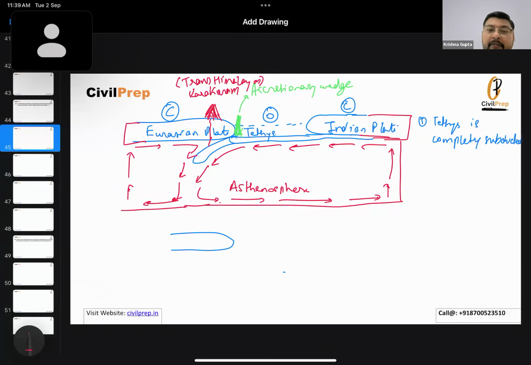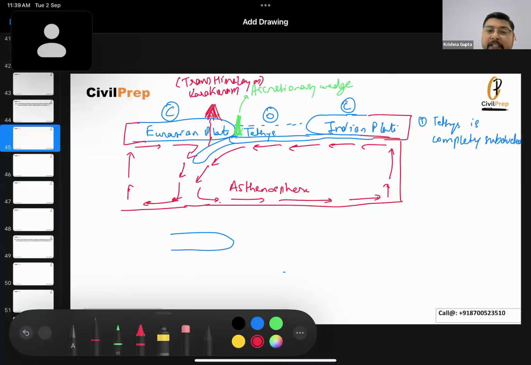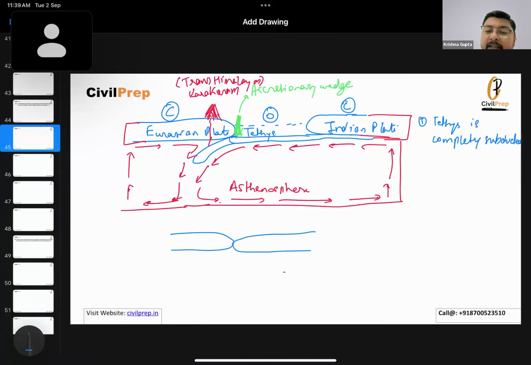Now here we'll be seeing that an accretionary wedge is formed and there is also formation of the Trans Himalayas. But after a certain point of time, this Tethys plate is completely consumed and subducted. And number two, there is a direct collision of the Indian and Eurasian plate, which has resulted in the formation of a suture zone.